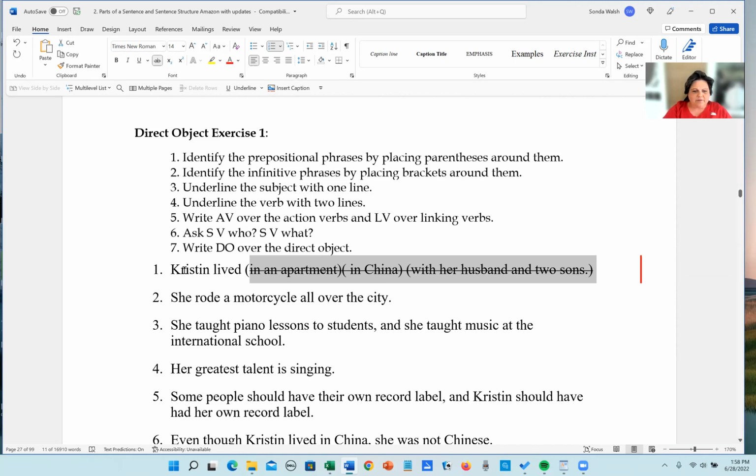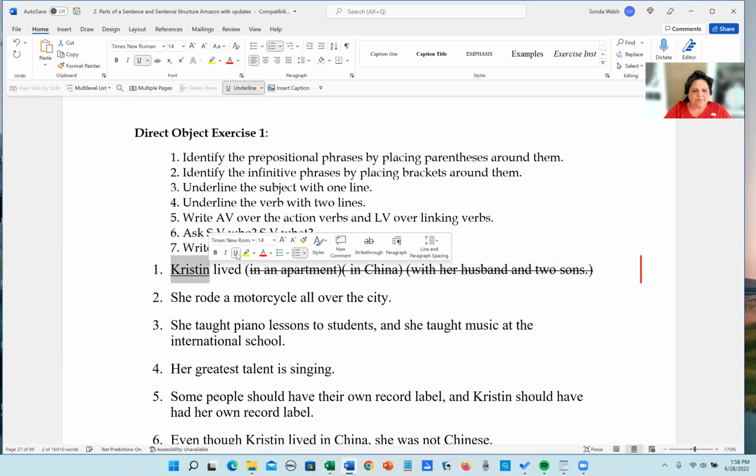Okay, underline the subject with one line. So Kristen is the subject. And underline the verb with 2 lines. Lived is the verb. Okay, we have identified everything in that sentence, and there's nothing left. So there is no direct object in that sentence.